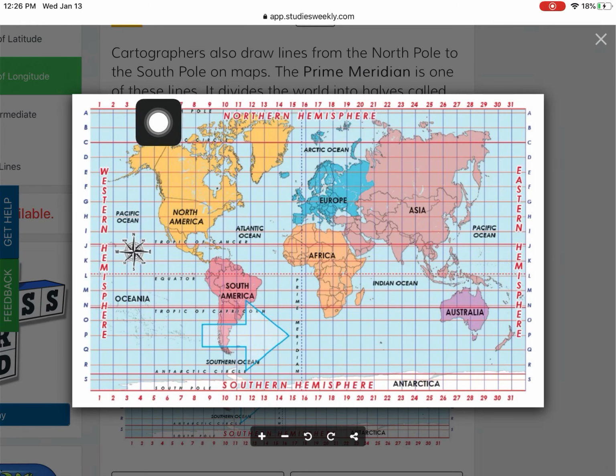If you said it's in the northern and western hemisphere, you would be correct. It is in both. Because if we're looking at our equator, above the equator is the northern hemisphere, which North America is in. But if we're looking at the prime meridian, it's also in the western hemisphere. All right, so it is actually in both.